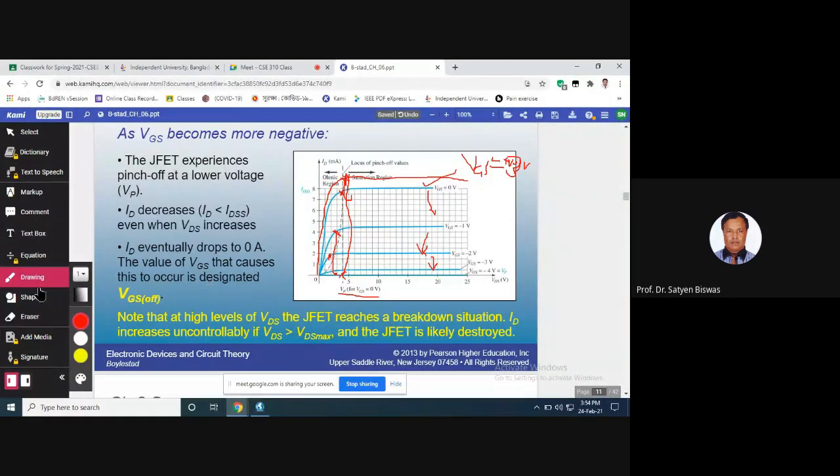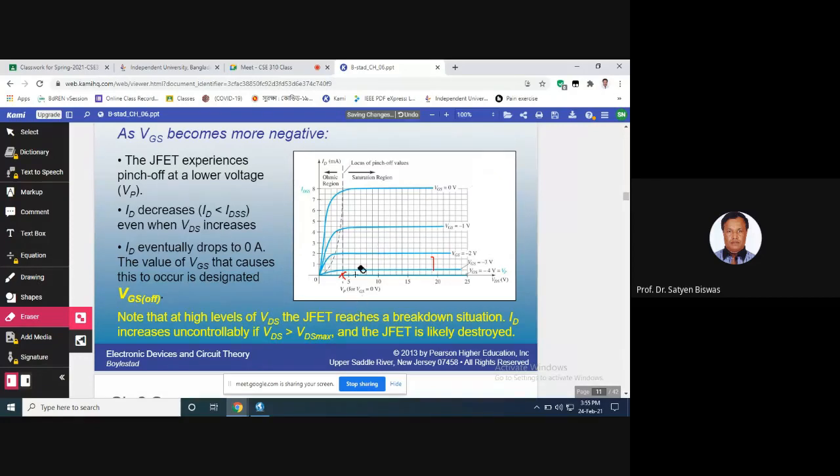So this is the way we can draw the different curves. Different kinds of curves we can draw, or we can get some currents or voltage from these curves.